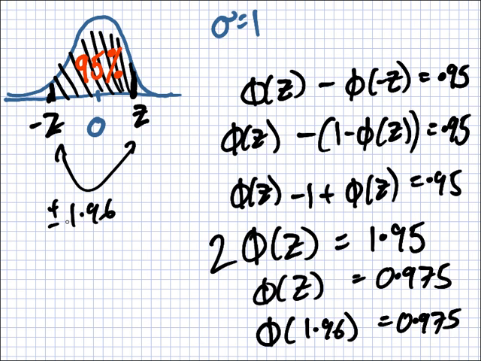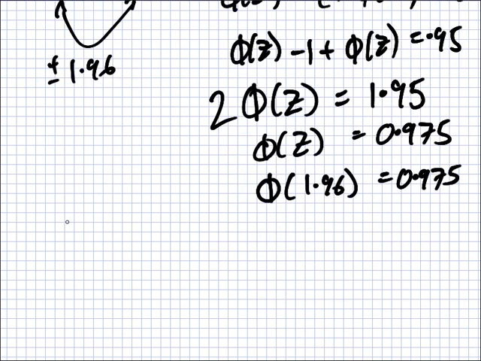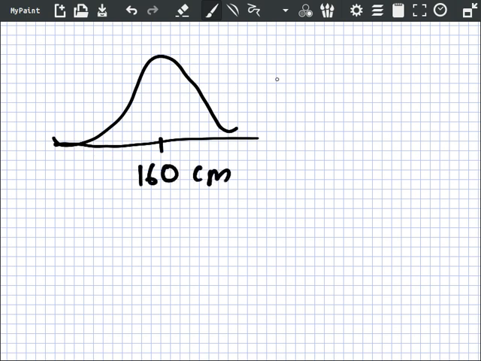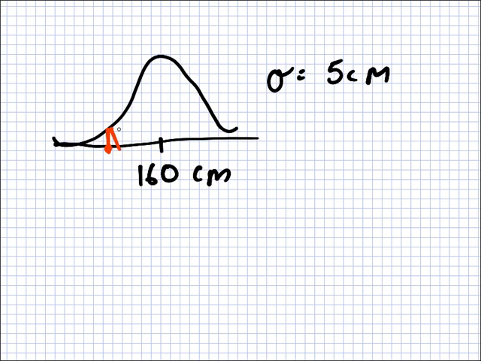The reason that this value is important, because sometimes you have this type of question. You might have, say, something like height, and the average height might be 160 centimetres, and the standard deviation is 5 centimetres, and you want to know what the values are so that 95% of people are between those two heights.